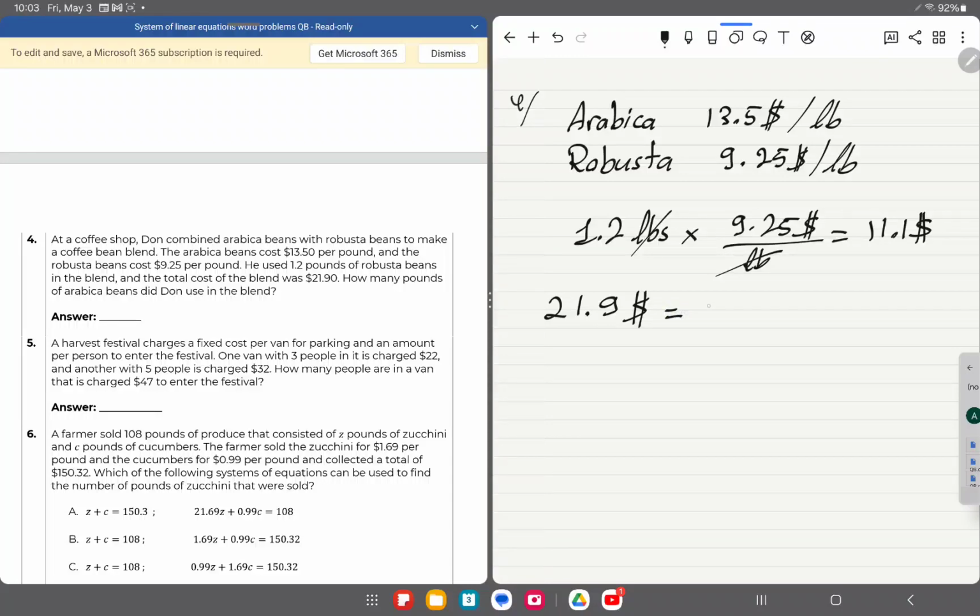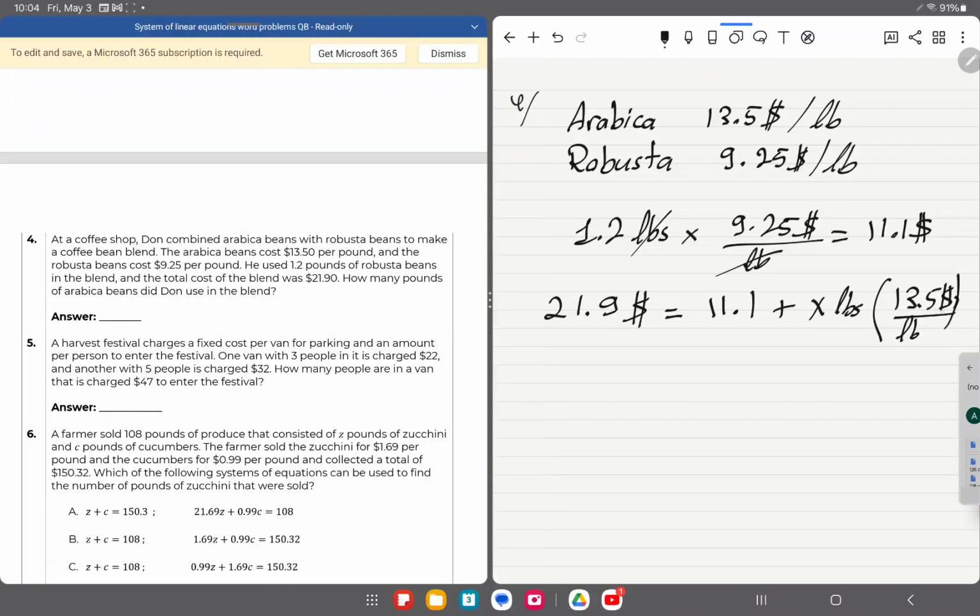So the total cost, 21.9, is equal to 11.1 plus X pounds times the price of Arabica, $13.5 per pound.